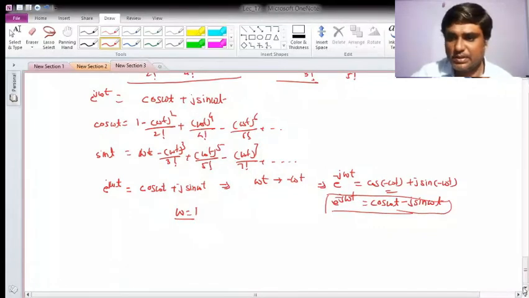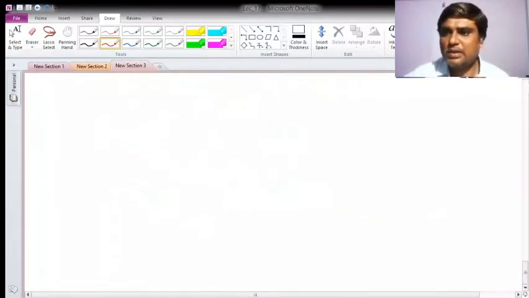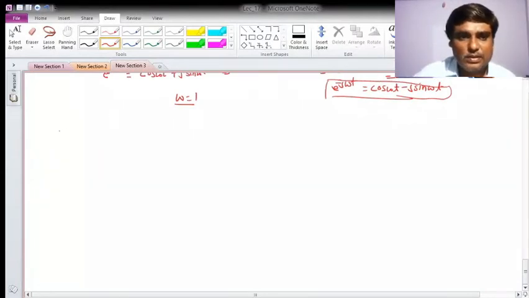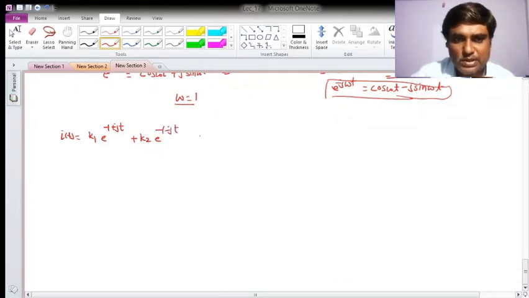So my i of t is k1 e raised to (minus 1 plus j) t plus k2 e raised to (minus 1 minus j) t. Let me expand it.